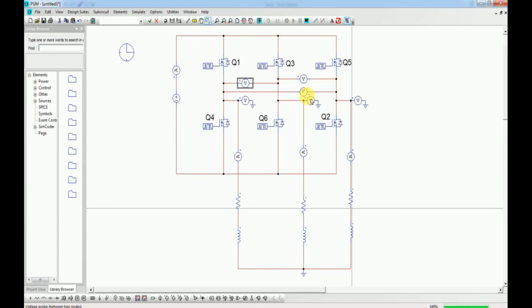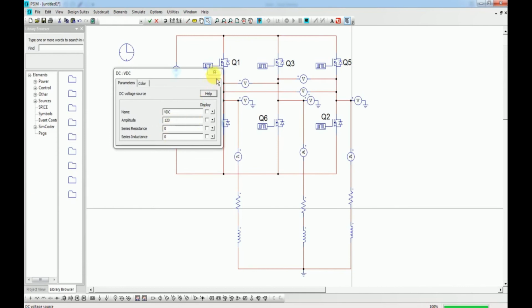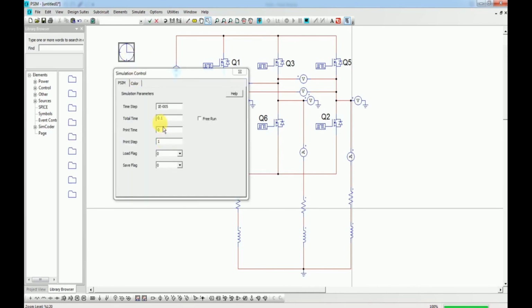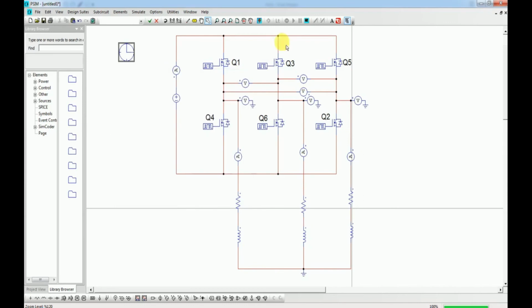That is, they can be at positive VDC, equal to 120 volts, or 0, or minus VDC. To measure the DC current that flows through this circuit, I have connected an ammeter here. Let us simulate this circuit for a total time of 0.1 second.